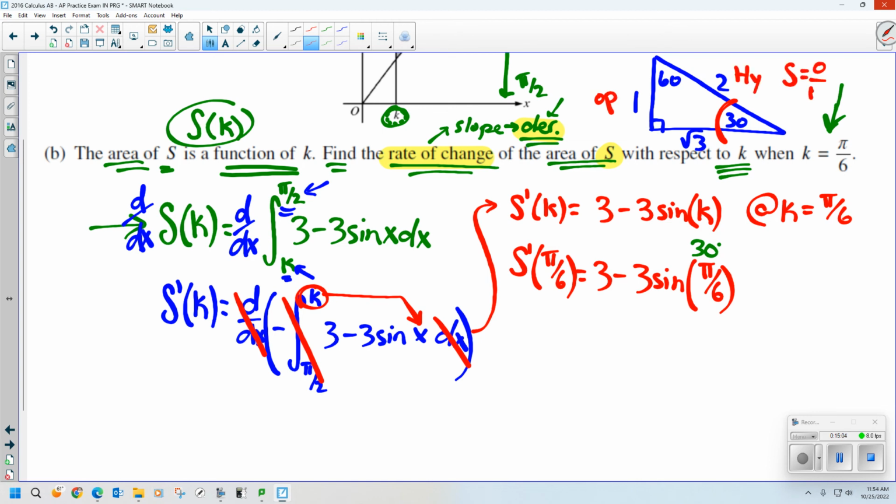Sine is opposite over hypotenuse, so the sine of 30 is 1/2. So I have 3 minus 3 times 1/2. And let's not forget something that's not written on here yet.